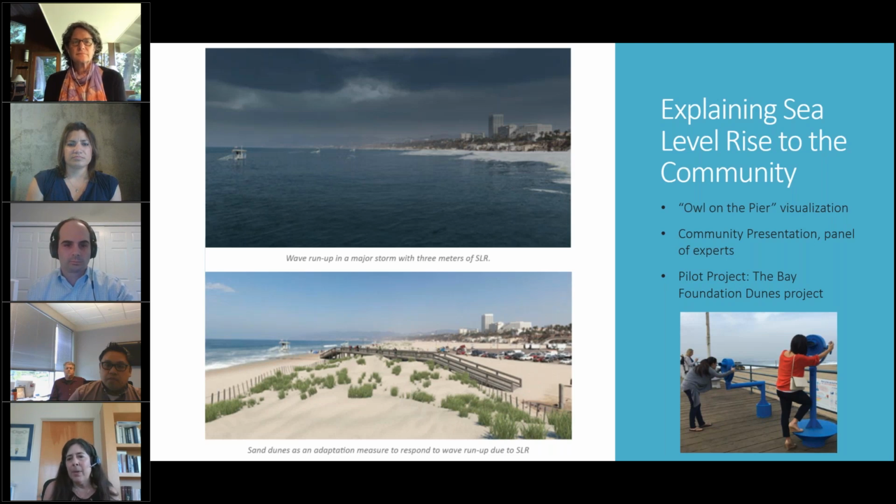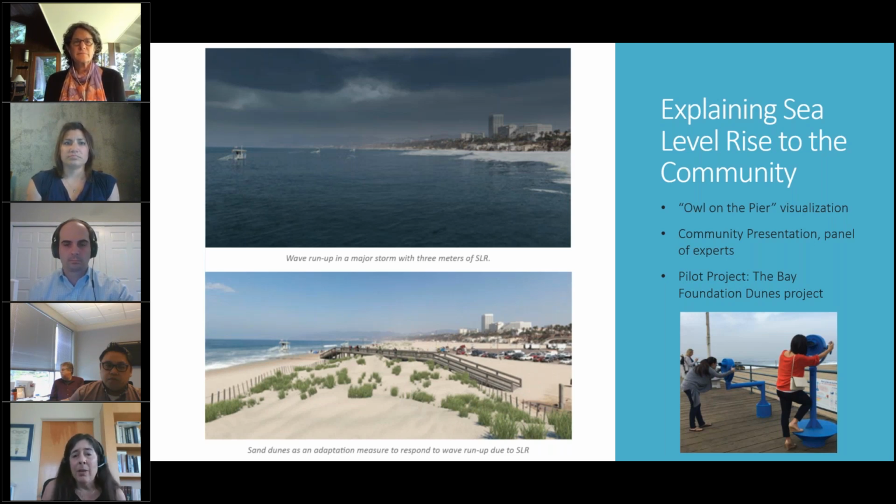We put them on the Santa Monica Pier and invited the public to look at them. We had some information up, I think you can see that in the picture too, to explain to the casual passerby. And what we did is had a simulation of wave run-ups and of adaptation strategies that you see some images here of.